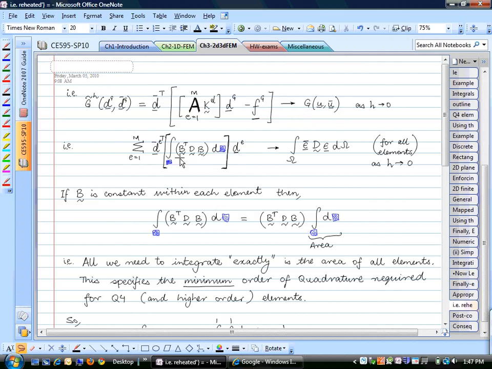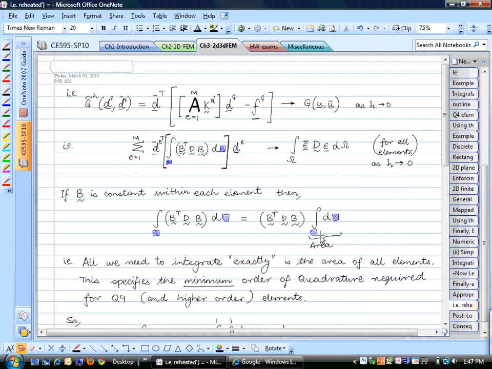So if we assume that in each of our element stiffness matrices this B matrix is constant as the element size decreases, then we can pull this entire thing out, and all that we would have to integrate is this area.